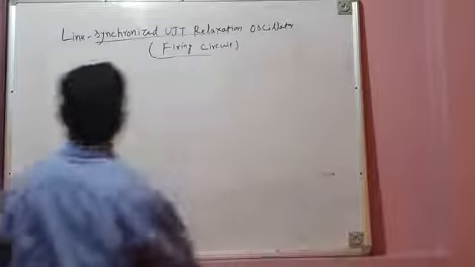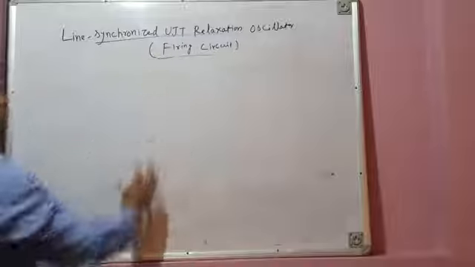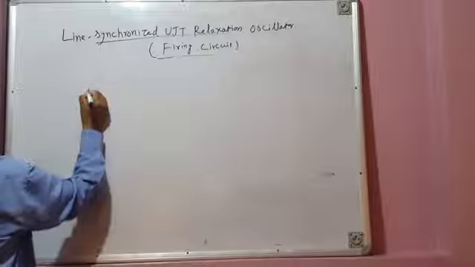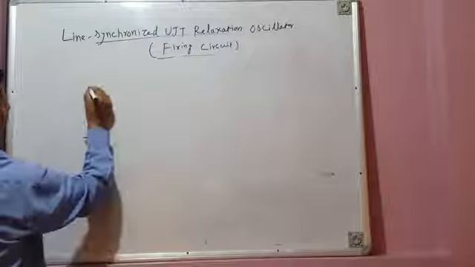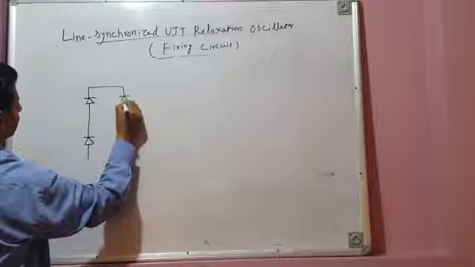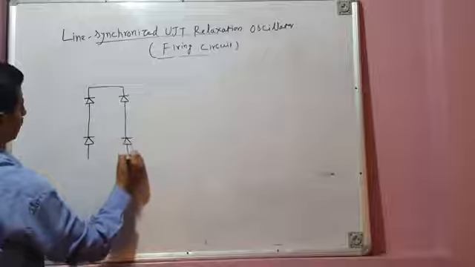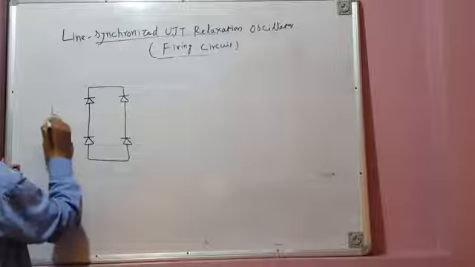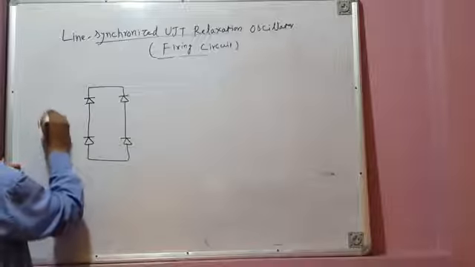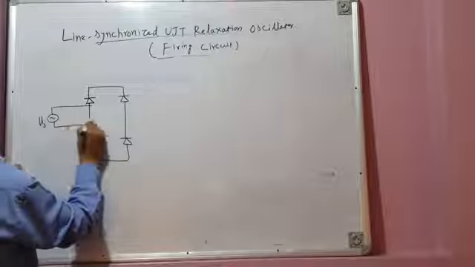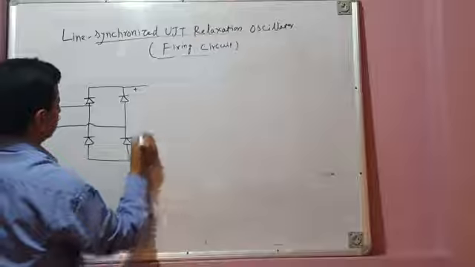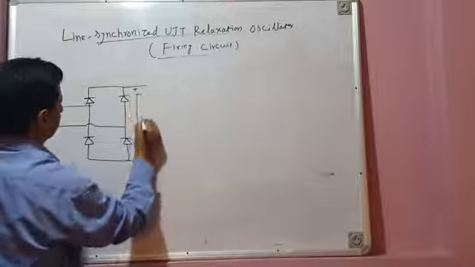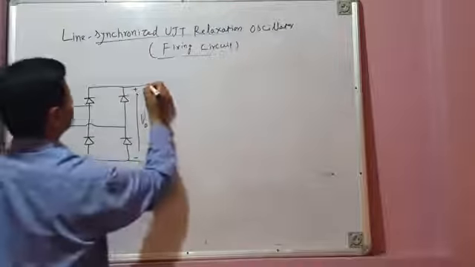The circuit diagram for the line synchronized UJT firing circuit is like this. This is the source voltage, Vs. This is the positive bus, this is the negative bus, and this is your DC bus voltage, Vd.